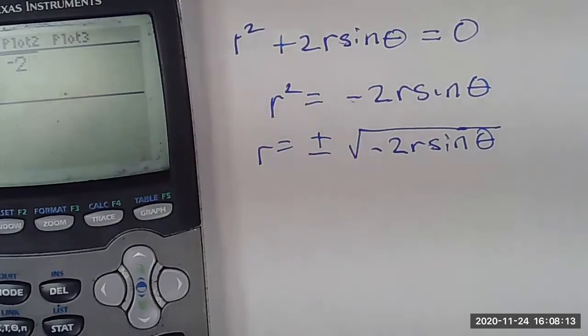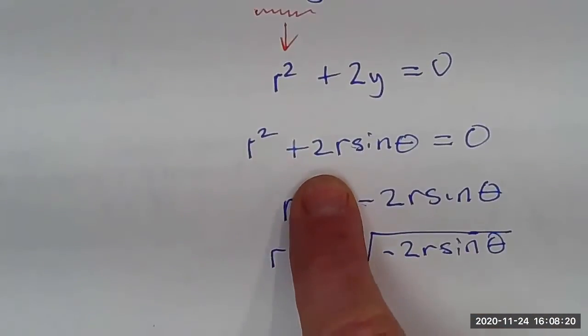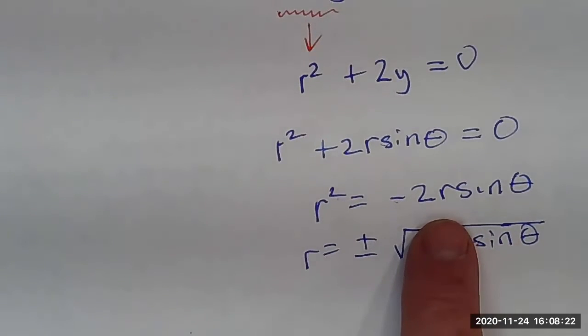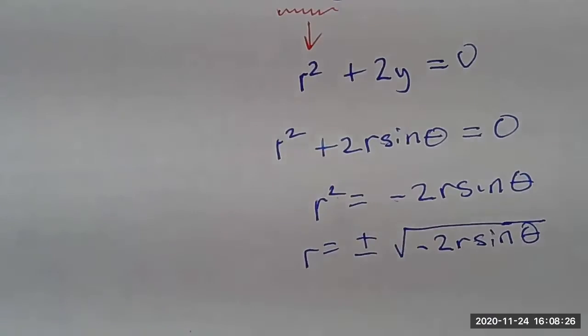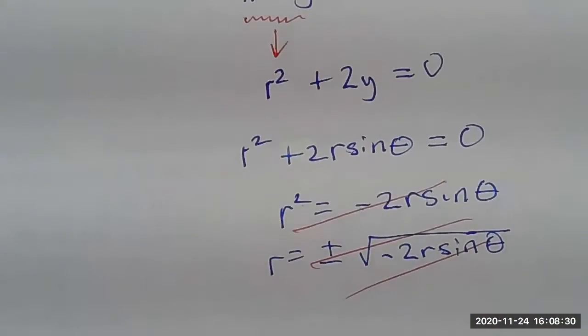I can't do this the way I'm doing it. I blindly said, let's just solve for r right here, but there's an r over here. This is a problem. I can't have r's on both sides. I have to have r only on one side. What I was doing is ridiculous. I made a mistake.